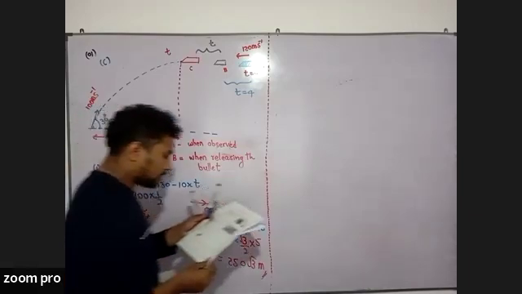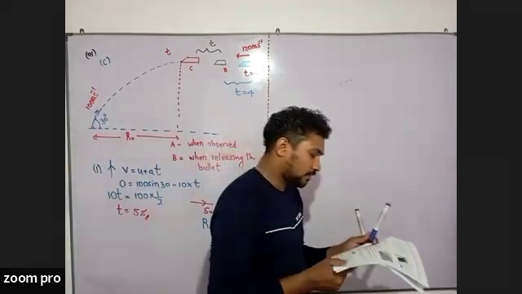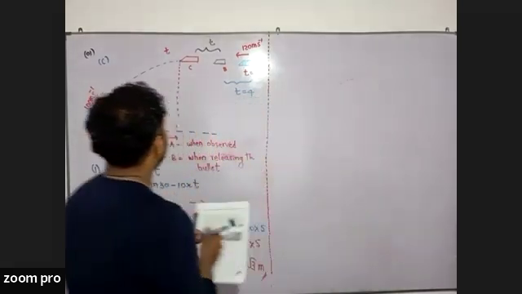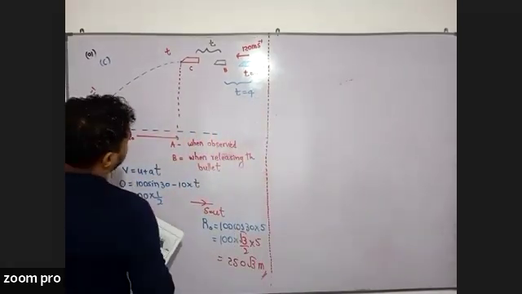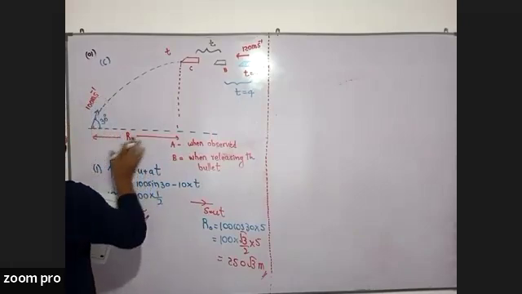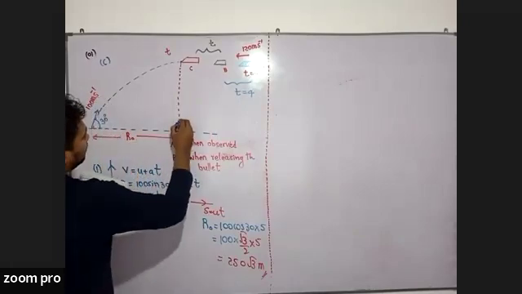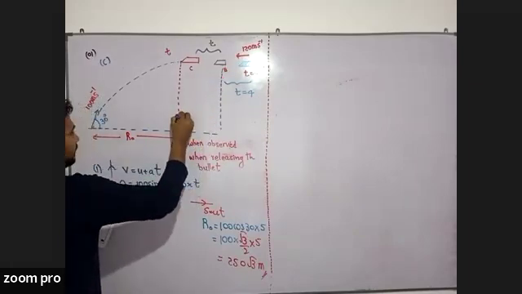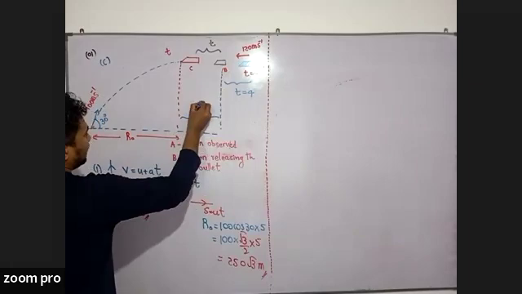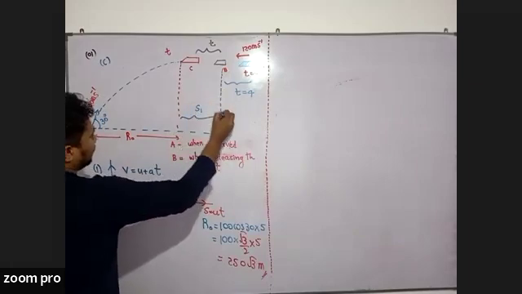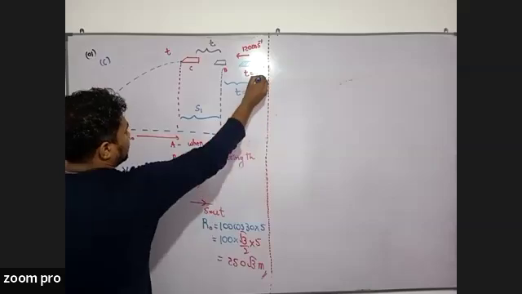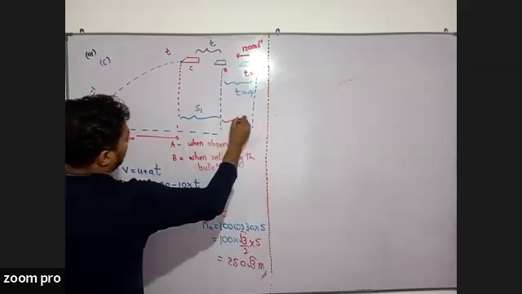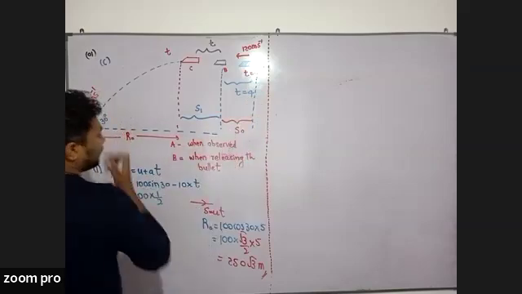Second one: find the horizontal distance from the observer to the aircraft when it's initially observed, right? That means now we already know the R naught, right? Let's assume, guys, the distance between P and C as x1 and the distance between B and A as S naught, right?